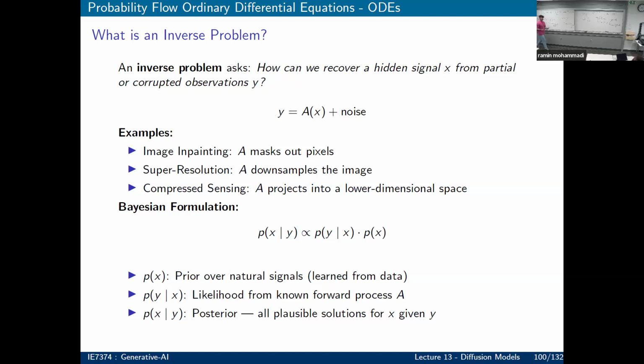The likelihood, P of y given x, is technically a Gaussian, with mean Ax and, if I'm not wrong, variance sigma squared I. Depending on what we are using, it might be just I. Yes, that's correct, sigma squared I. Some sigma. So that's the likelihood term, and that's the prior term.